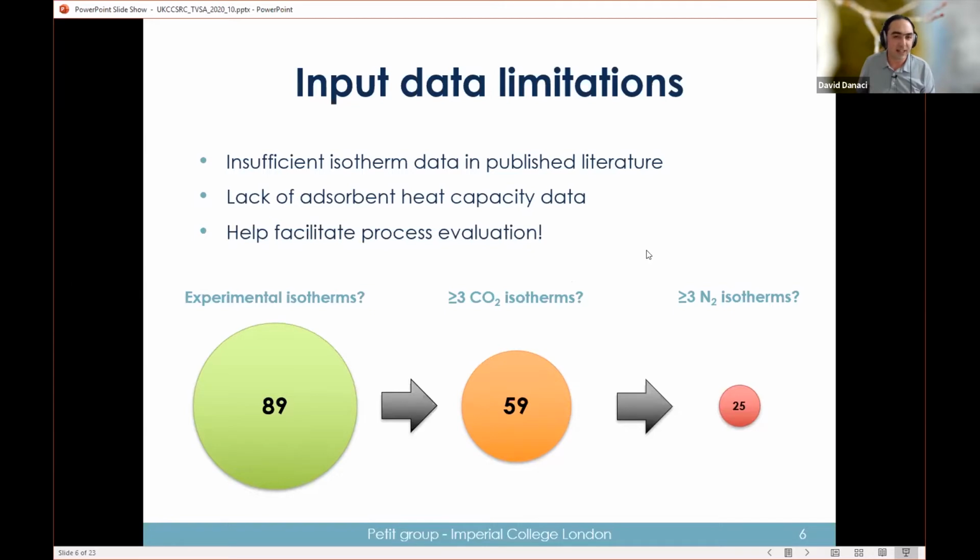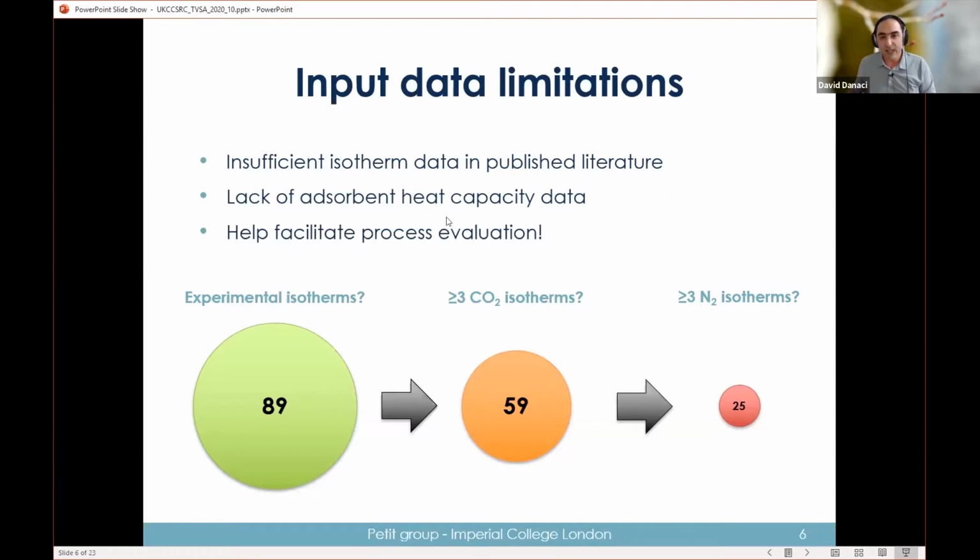Another thing that is lacking in the literature is heat capacity data. When you're working on TSA especially, and also PSA, when you want to calculate the amount of energy you need to heat the bed, heat capacity data becomes quite important.